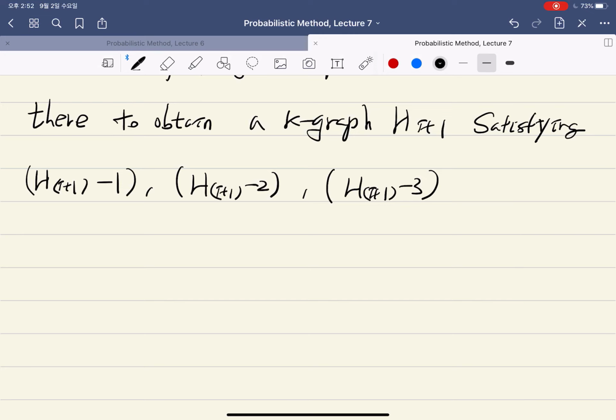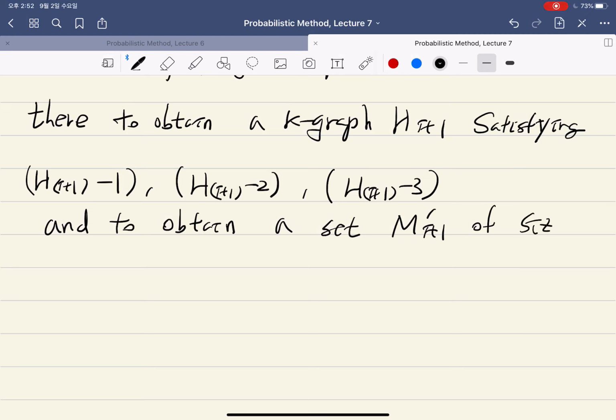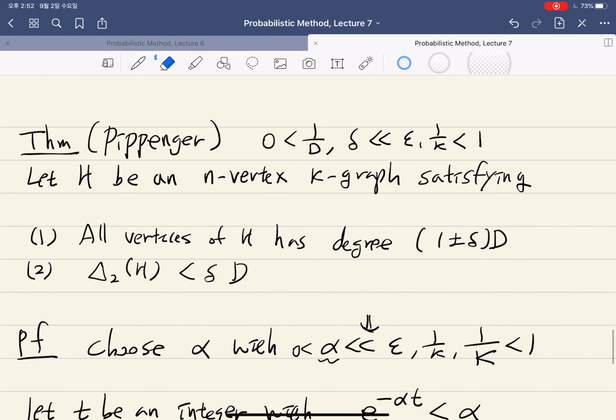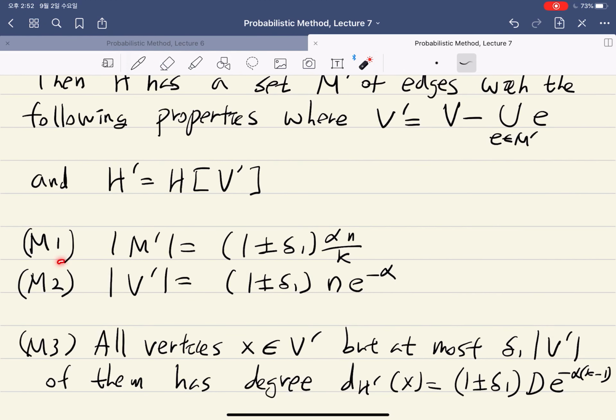And not only that, but it produces, and we also obtain a set M prime i plus 1 of size, let's say M prime i. M prime i has size 1 plus minus delta i plus 1, which is coming from here.